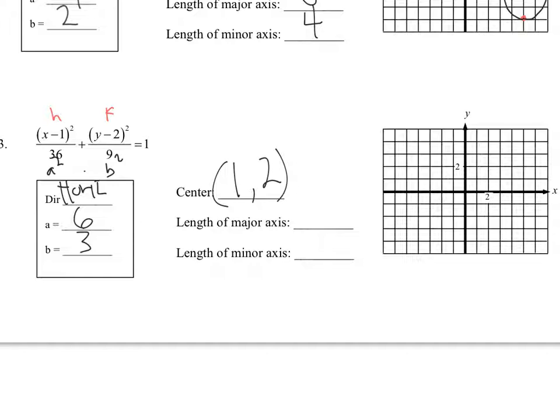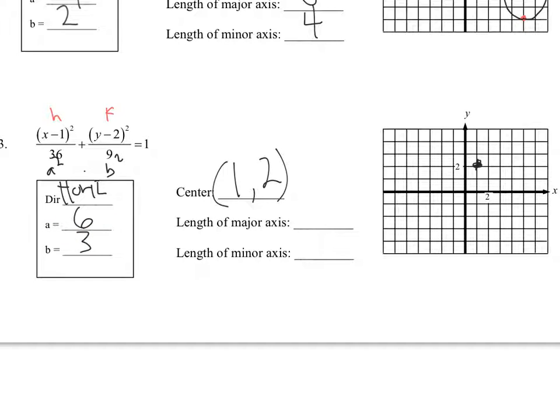So 1, 2, there is your center, not perfectly on there, but 1, 2. And since, again, the bigger number is underneath the x, that means we are going 6 in the horizontal direction. This is a horizontal ellipse.